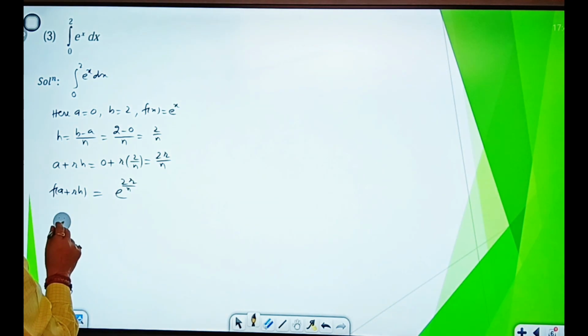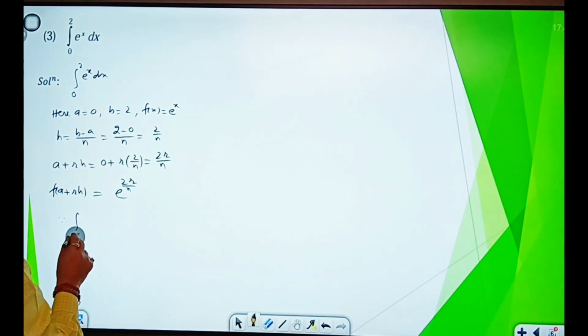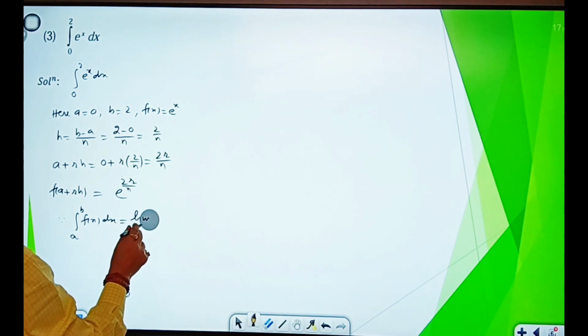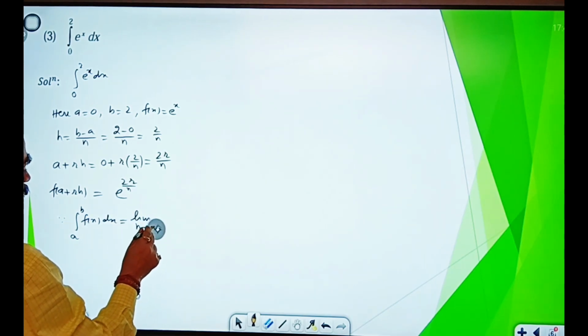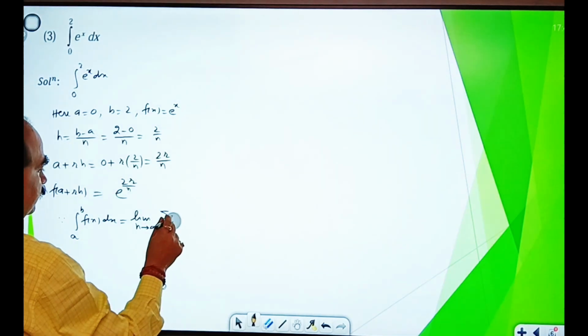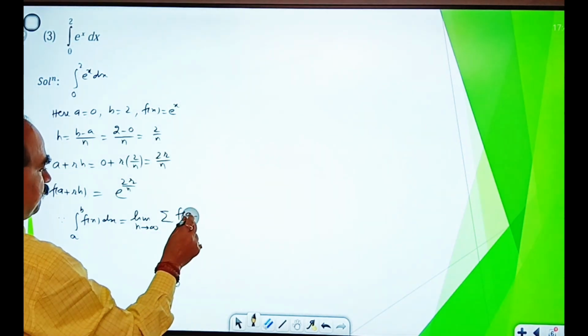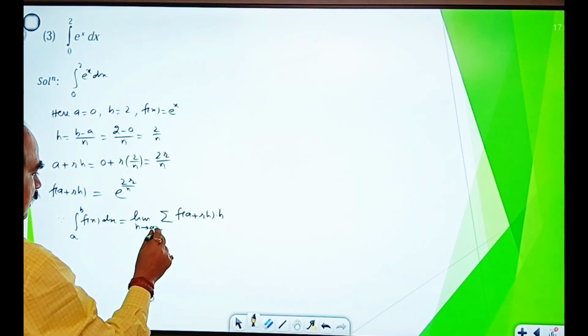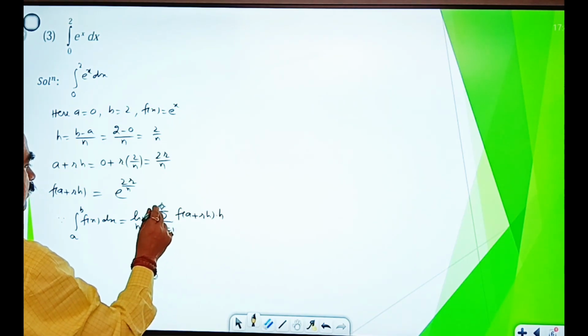Then integral a to b f(x) dx is equal to limit n tends to infinity sigma f of a plus rh into h, where r takes value from 1 to n.